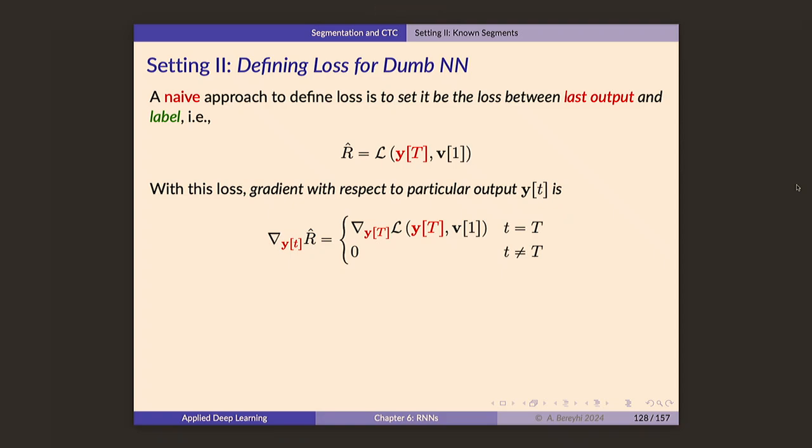Here you don't have any problem because you do have the loss, you can compute it, and then you can compute the gradient. The gradient with respect to the outputs, if this is the last output, is going to be the gradient of that loss function. If it is any other output, it's going to be simply 0, because they are not showing up in your loss computation, correct?